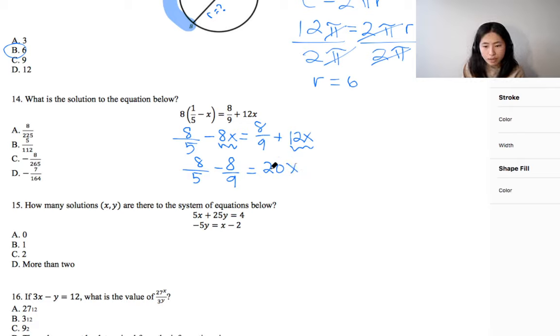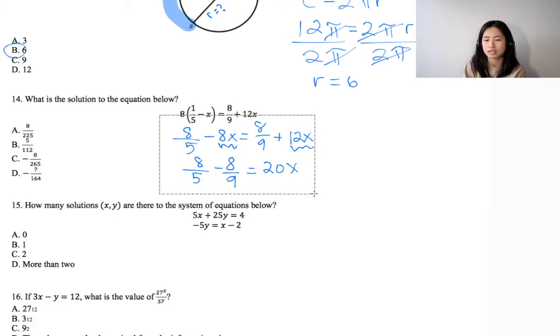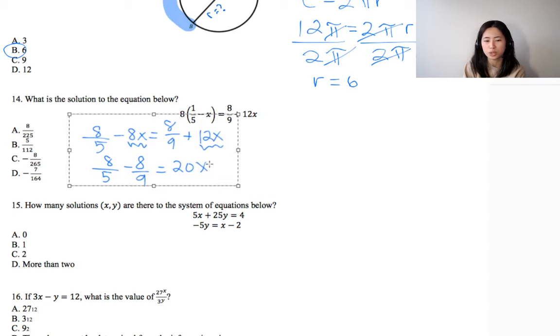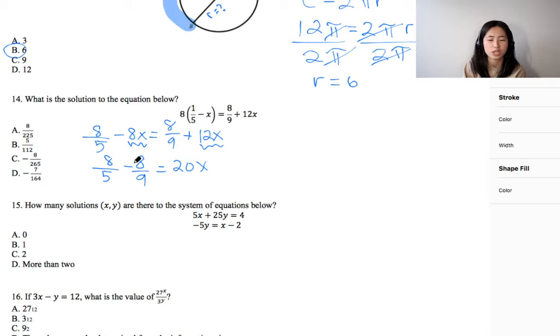So we have 20x, and basically we have a fraction right here, which is 8 over 5 minus 8 over 9. If you recall, this is from middle school: how would you combine fractions, or subtract or add them? Subtraction and addition have the same rule. So how do you subtract the fractions? Remember, you need to find the least common denominator. For 5 and 9, you can think of a number that is a multiple of both.